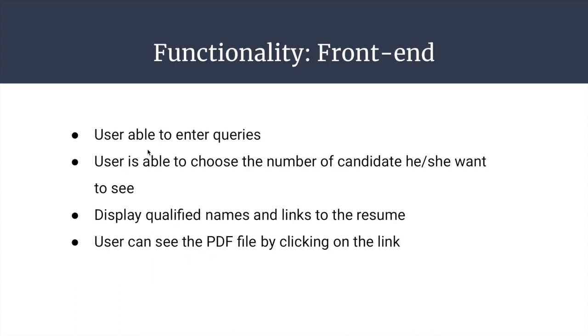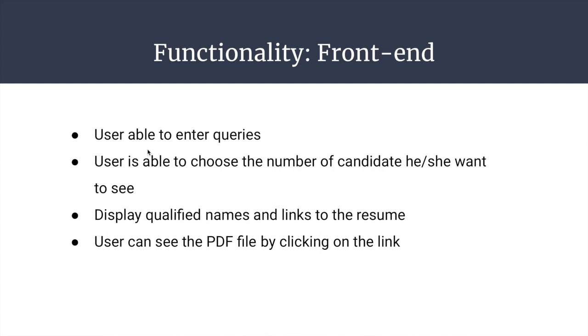We used React.js to implement the web page. On the web page, the user would be able to enter a query, and also be able to choose the number of candidates that they want to see. For example, if an employer wants to hire people for machine learning, he could enter that as a query, and the page will display the top ranked resumes that are most related to this keyword.